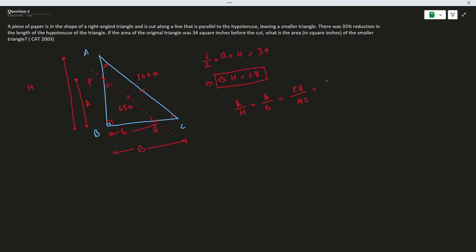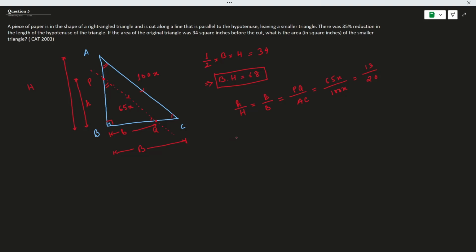And what is PQ? PQ is 65x. What is AC? AC is 100x. So this can be written as, x will get cancelled, 5 into 13 by 5 into 20. So we have got the relation between the heights of the triangles.